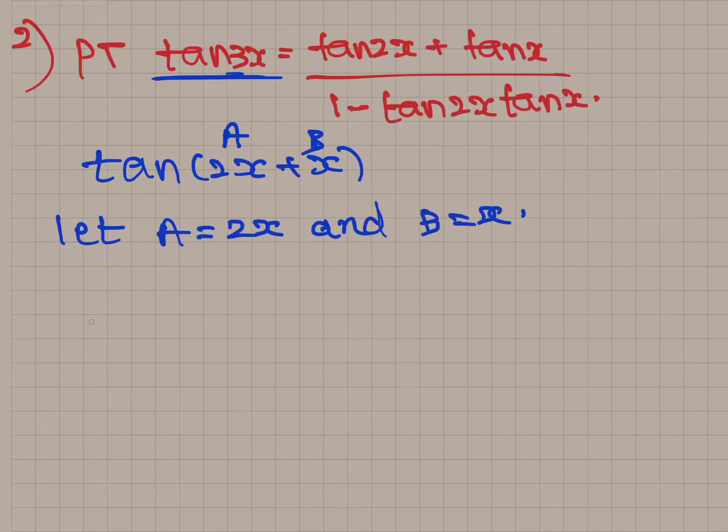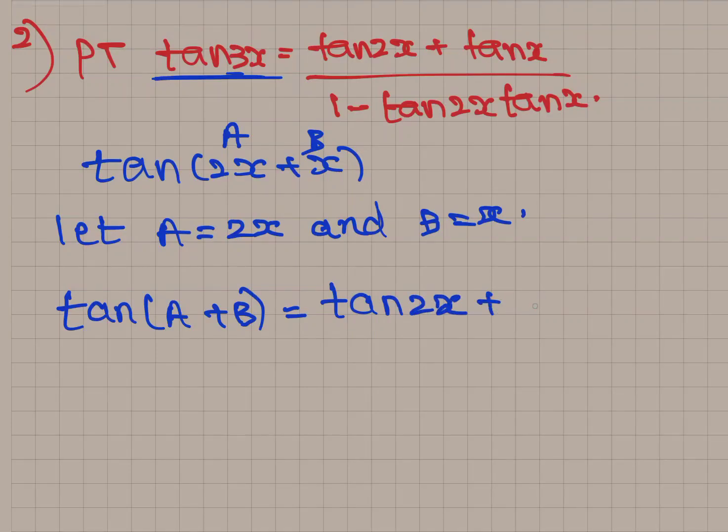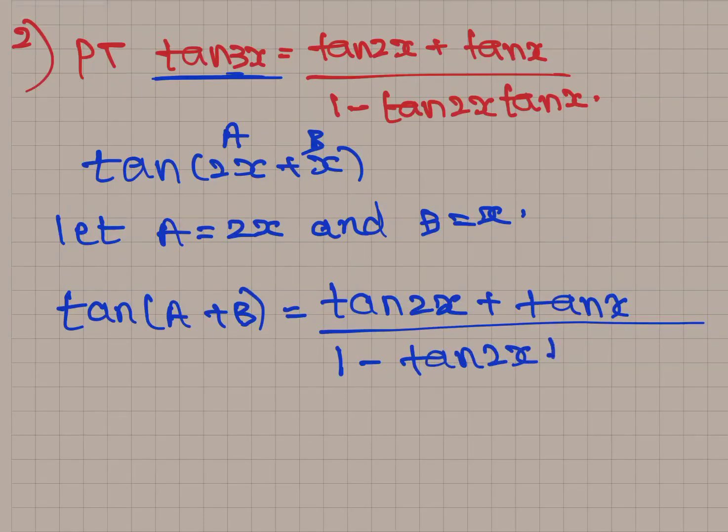Now we have an identity called tan a plus b. The formula for this is tan 2x plus tan x upon 1 minus tan 2x tan x.